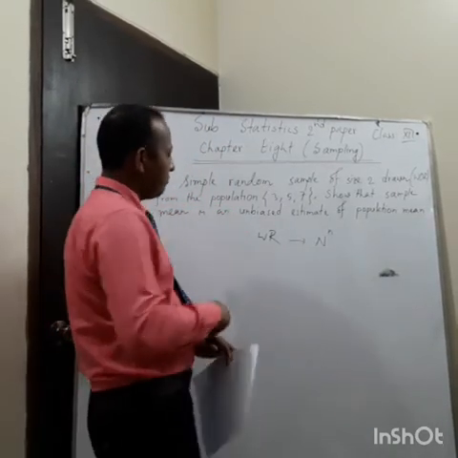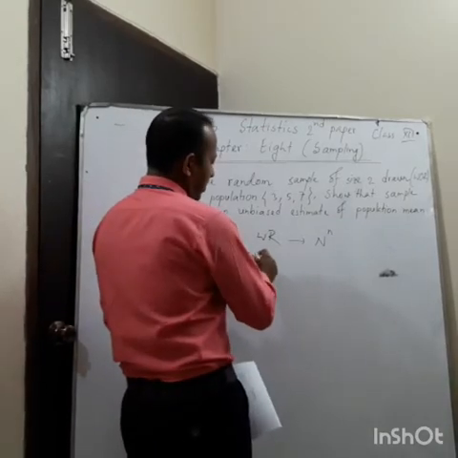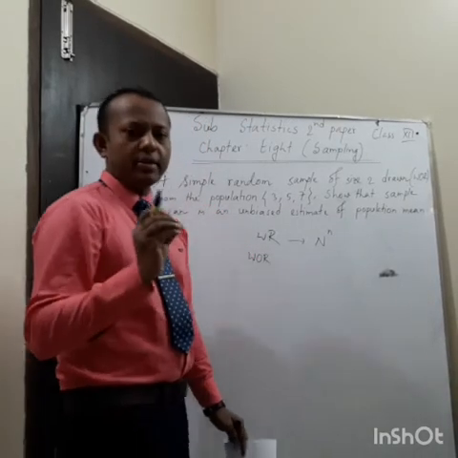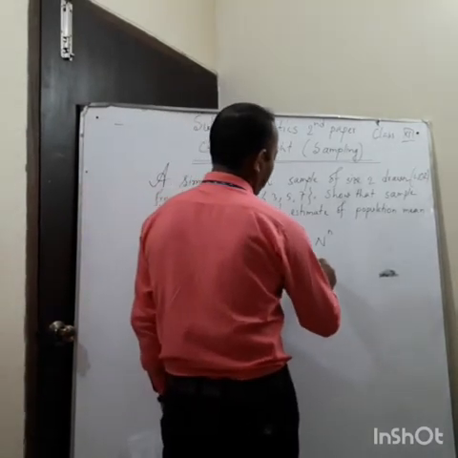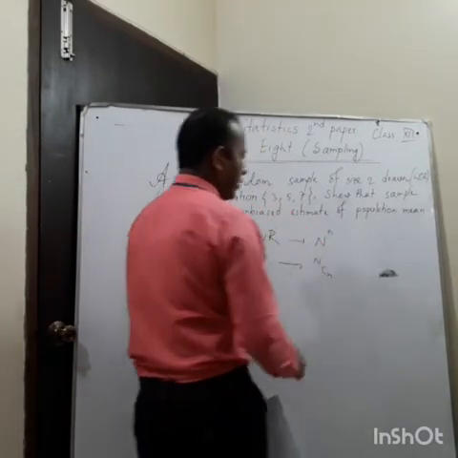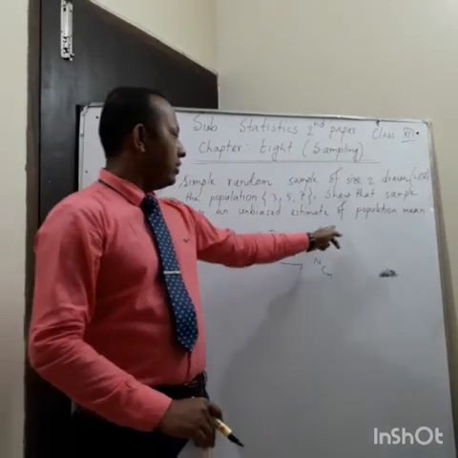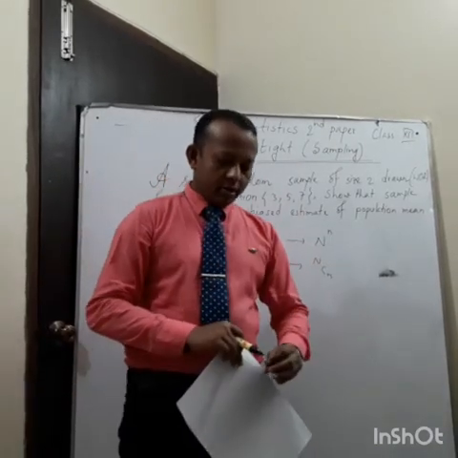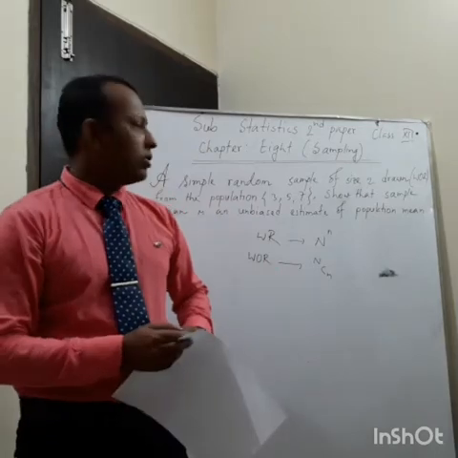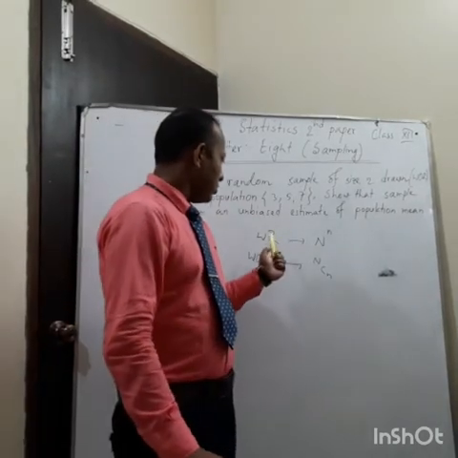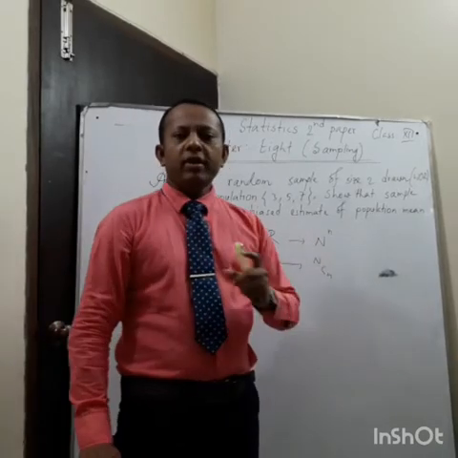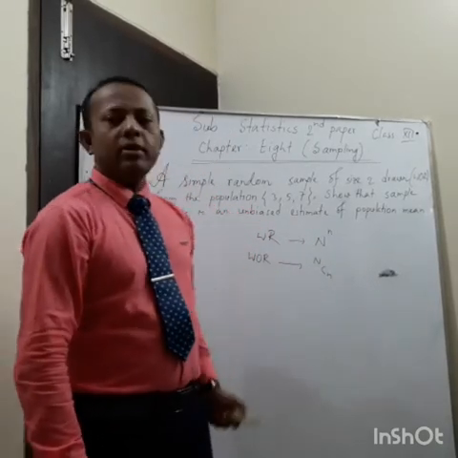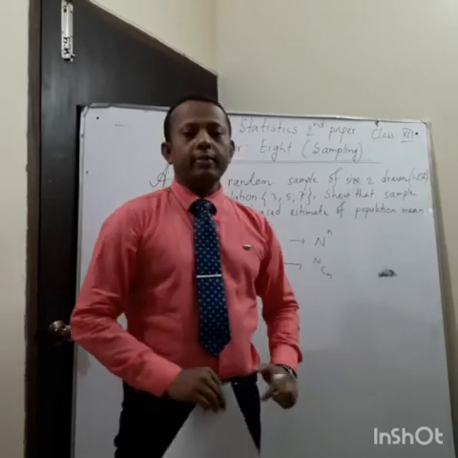And if we collect the sample without replacement, in that case it will be NCn, and NCn is the number of samples. When you collect the sample with replacement, then it will be N to the power n, and if we collect the sample without replacement, then it will be NCn.